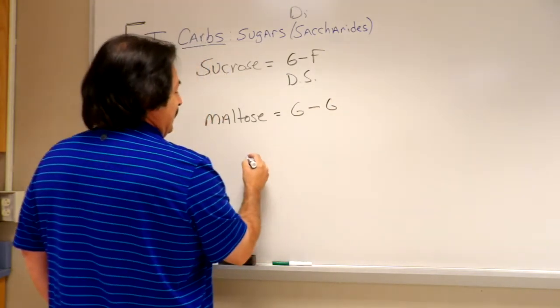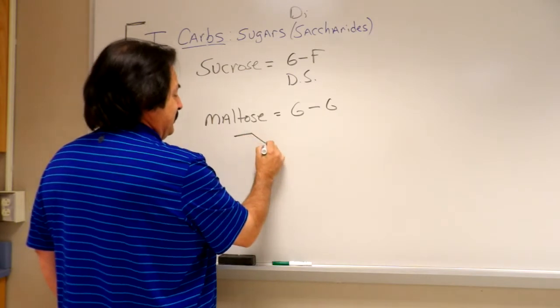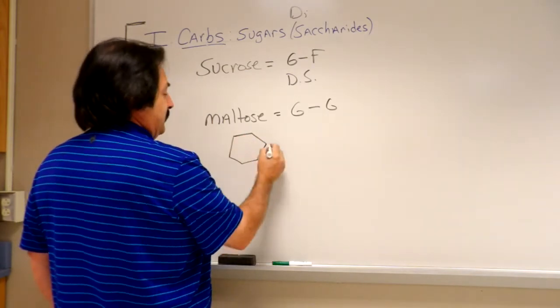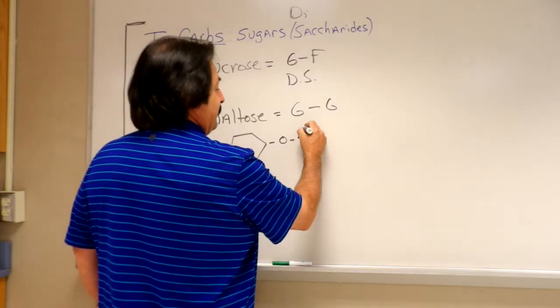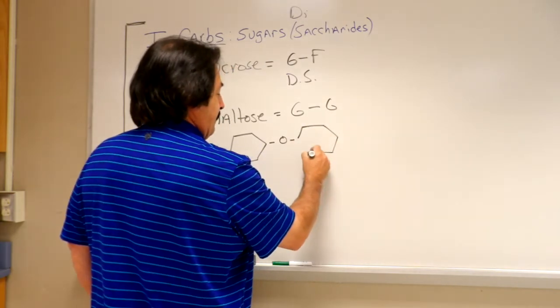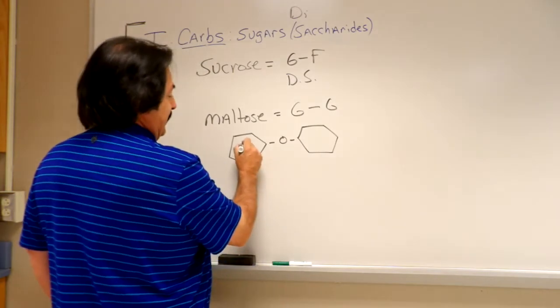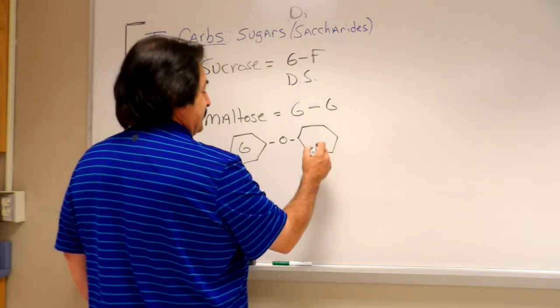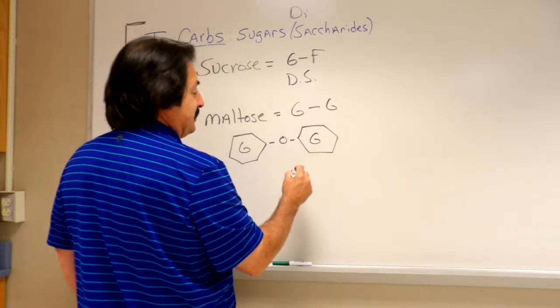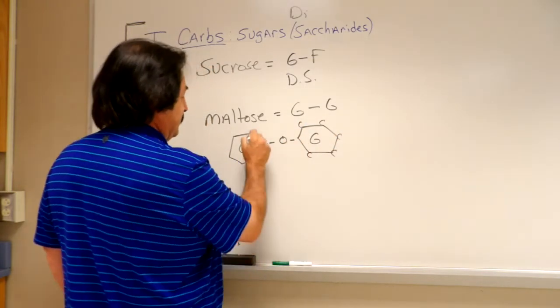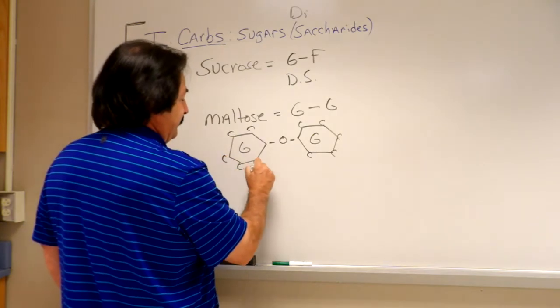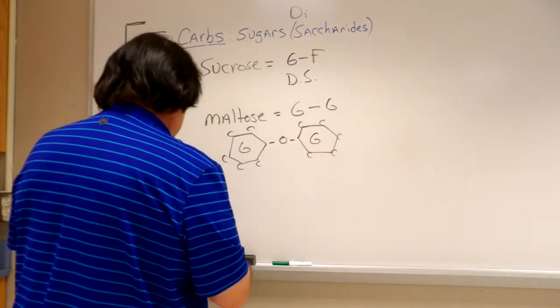All right, so you have basically oxygen here, and this is glucose, which is a 6-carbon ring: 1, 2, 3, 4, 5, oxygen, so 6 sides.